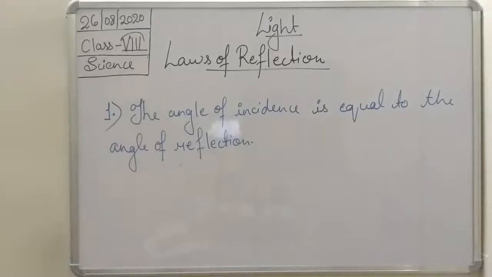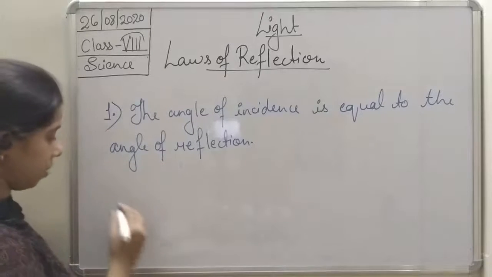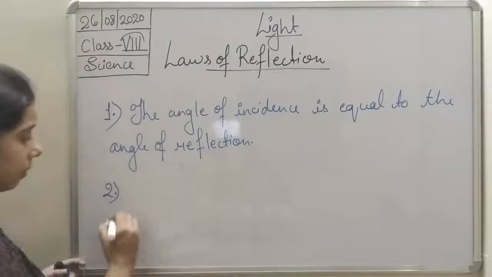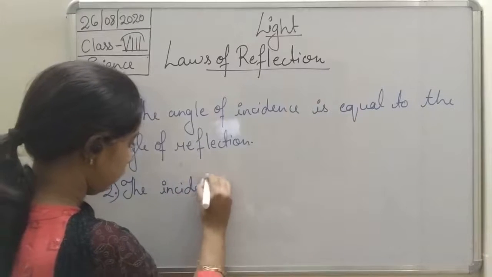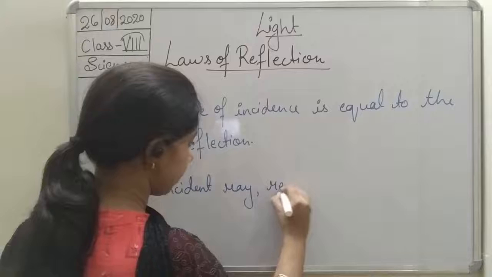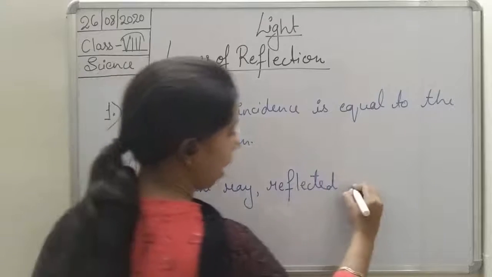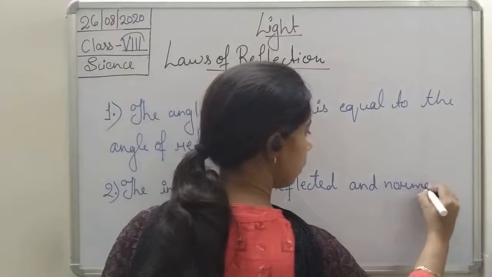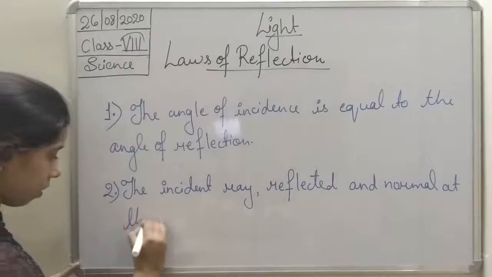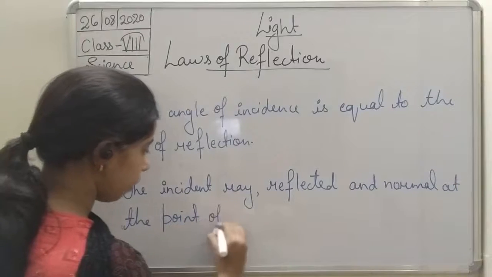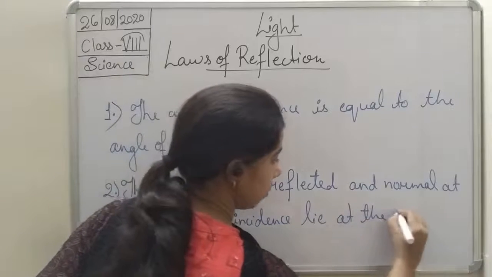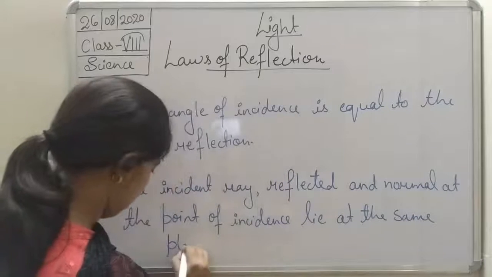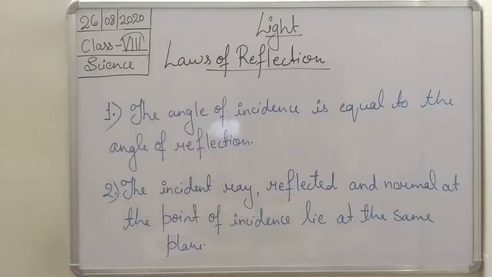The second one is that the incident ray, reflected ray and normal at the point of incidence lie in the same plane.